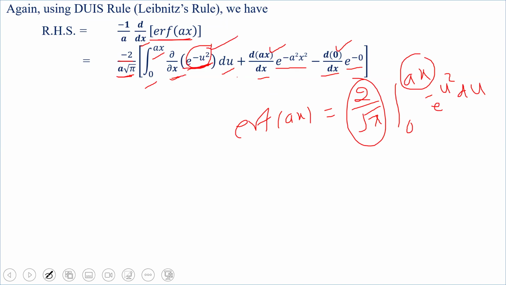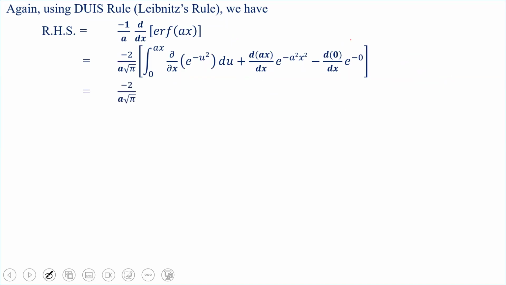It is 0, because it is free from x. The second term is a e to the power minus a square x square, and the last term also becomes 0. So minus 2 upon a root pi, times a e to the power minus a square x square. Now a and a cancel, and we have minus 2 e to the power minus a square x square upon root pi.